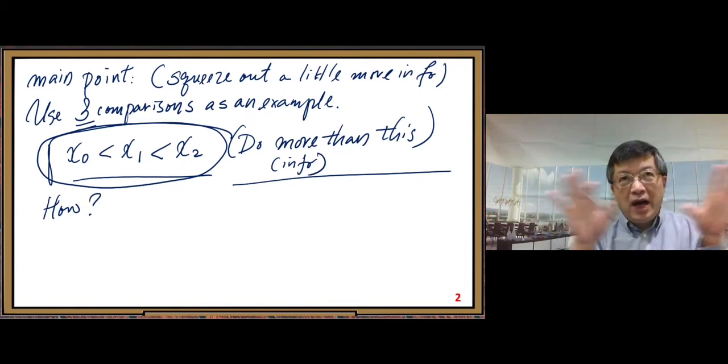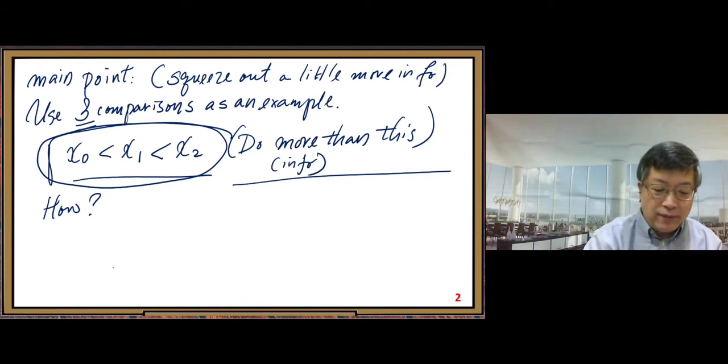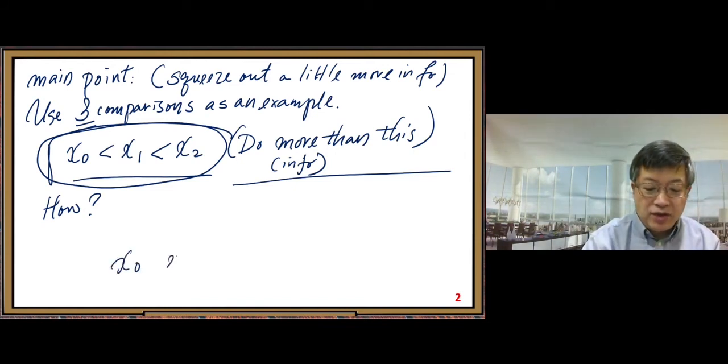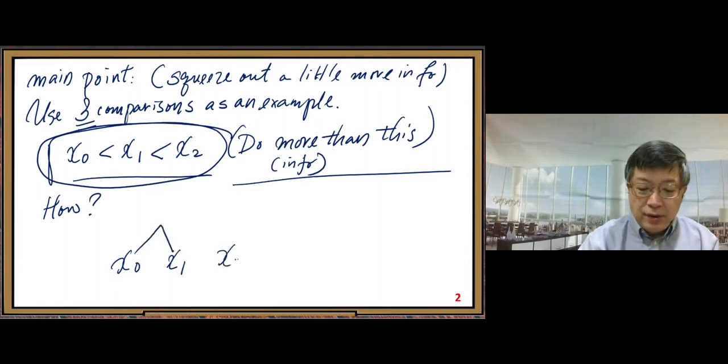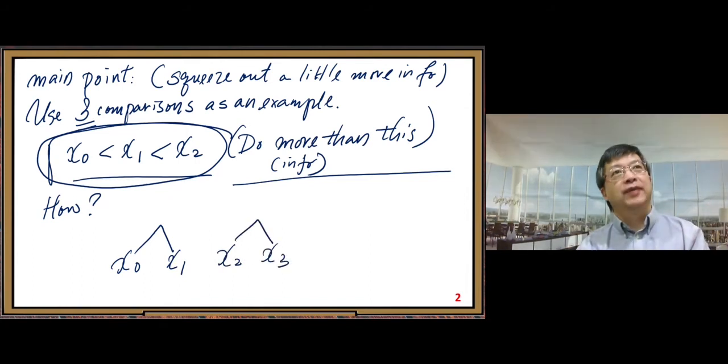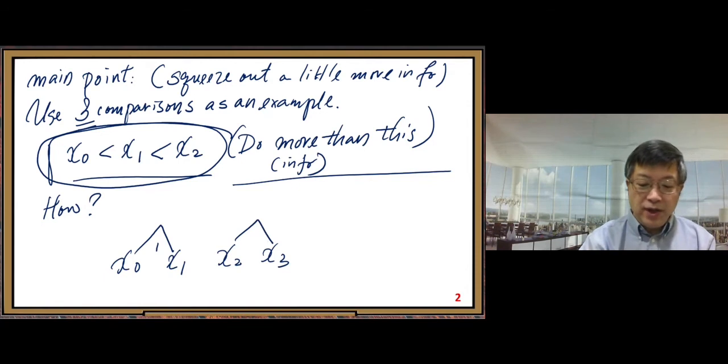Before I do comparison, I group them in this way: X0, X1, and they do a comparison. X2 and X3, they do a comparison. Okay? So one comparison here, one comparison here, right? All right.